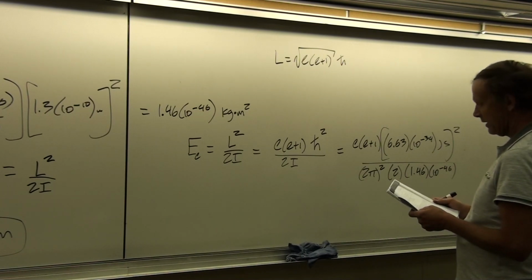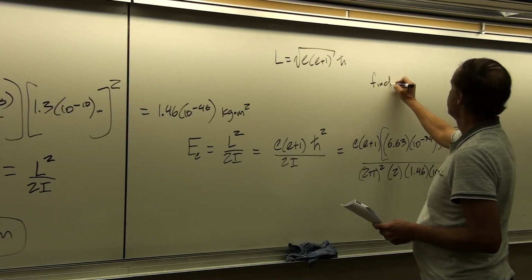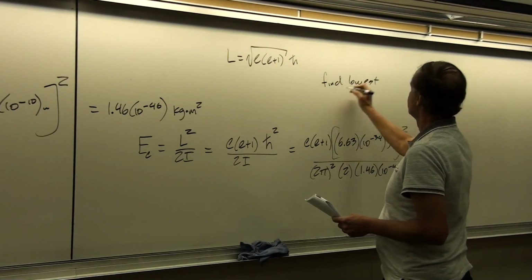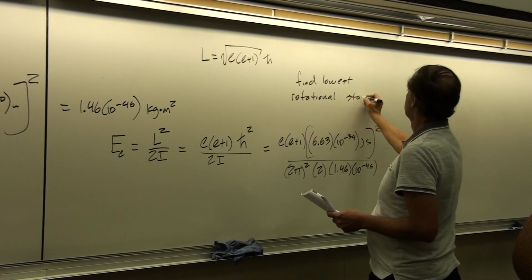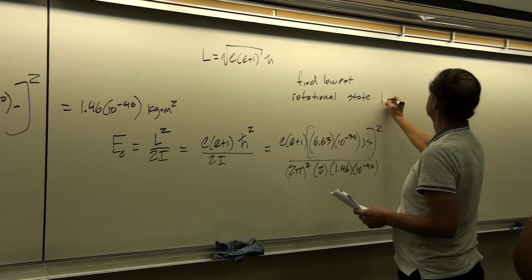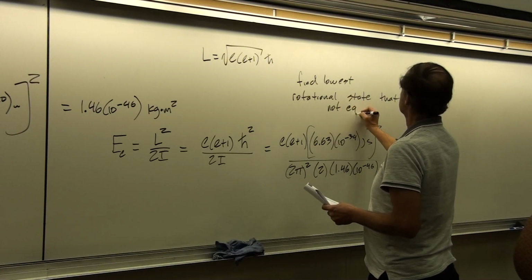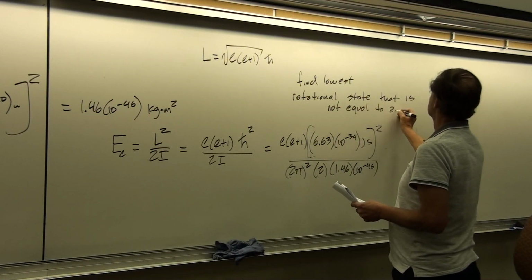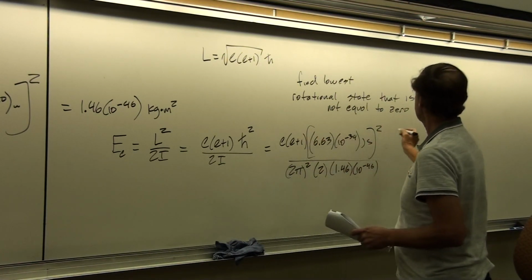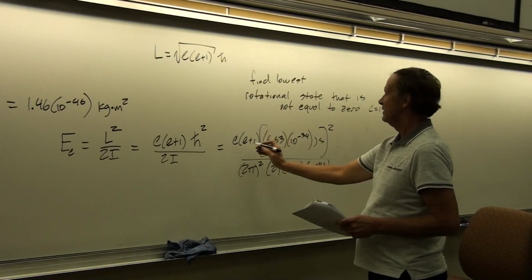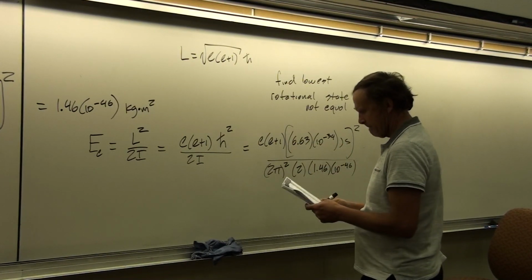And so here, let's find the lowest energy state. That's not equal to 0. And so that would be here when L is 1. If little l is 1, then 1 times 1 plus 1 is 2. So that'll give us a 2 in here.